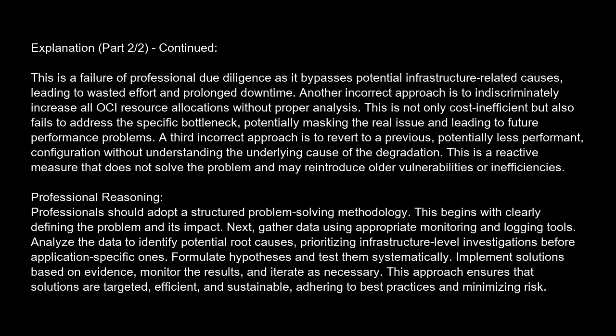This is not only cost inefficient, but also fails to address the specific bottleneck, potentially masking the real issue and leading to future performance problems. A third incorrect approach is to revert to a previous, potentially less performant, configuration without understanding the underlying cause of the degradation. This is a reactive measure that does not solve the problem and may reintroduce older vulnerabilities or inefficiencies.